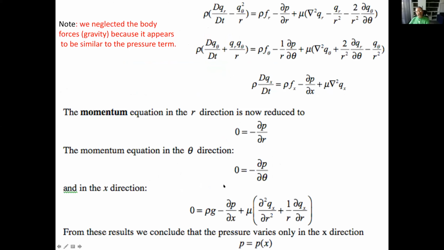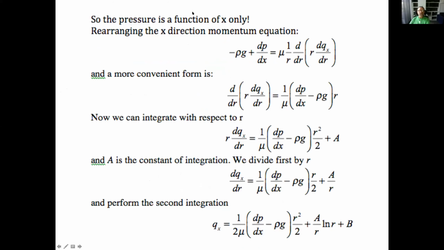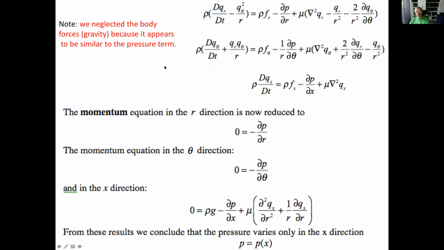And then one more time, here is the equation, the Navier-Stokes in cylindrical coordinates. After what I said, we have nothing in the radial and tangential direction, so we assume that the pressure must be constant in this direction, because there's no velocity in that direction.